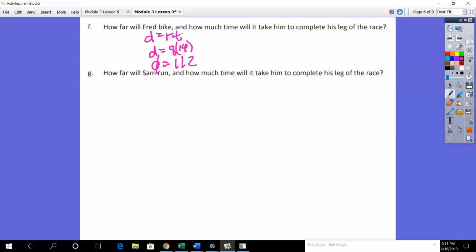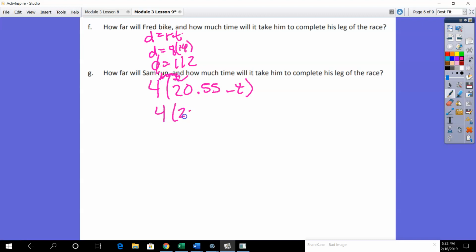And then how far will Sam run? So we had Sam's rate was 4. We're multiplying times 20.55 minus t. Oh wait, sorry. Scratch that.